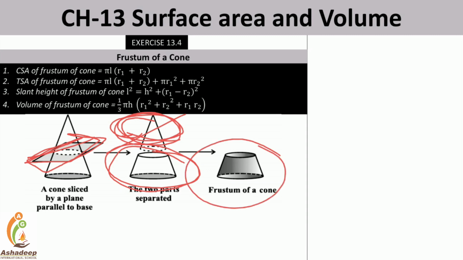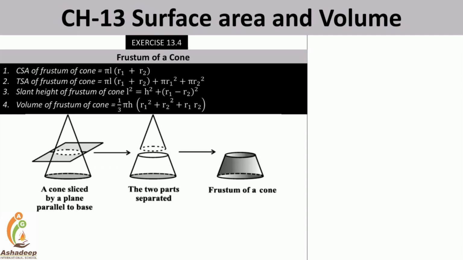In day-to-day life we come across many frustums of cones. For example, a bucket in your bathroom is in the shape of a frustum of a cone. What is the curved surface area of a frustum of a cone? That is π(R1 + R2)L. See, what is the area of a cone?